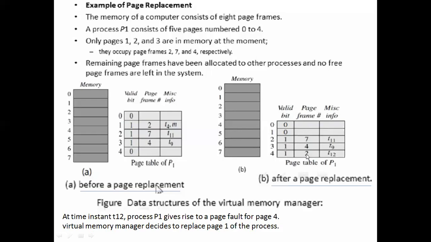Second frame, yes. And what about the second page and third page, before and after replacement? Pages 2 and 3 have no modification; we have only replaced page number 4 into page frame 2. So now page 1 is not available in the main memory. Why? Because its value is equal to 0.